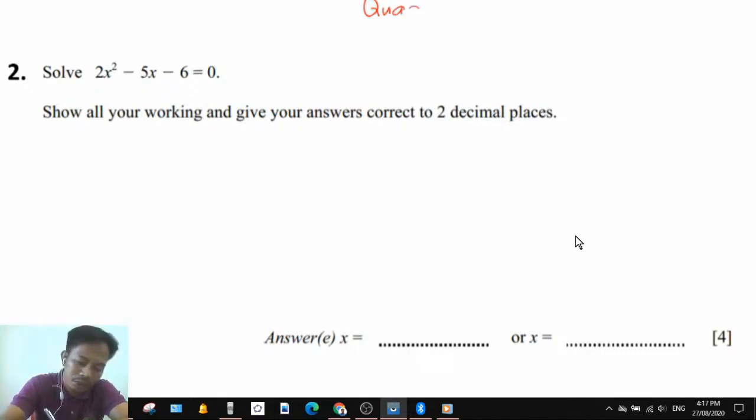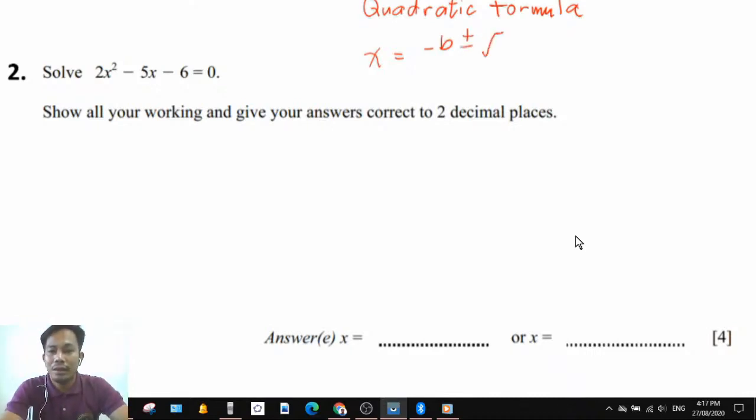This quadratic formula is x is equivalent now to negative b plus or minus square root of b squared minus 4ac, divided by 2a. This will not be written in your exam paper, so you have to memorize this formula.